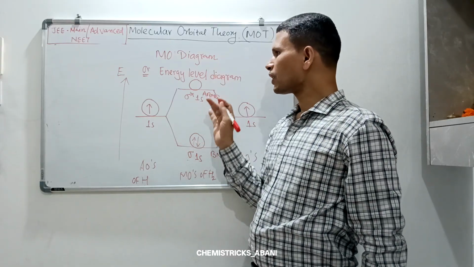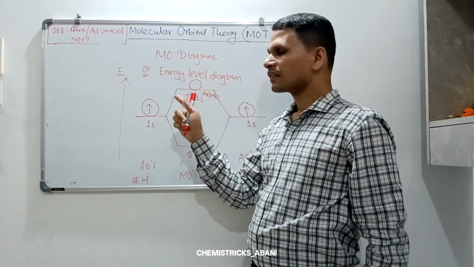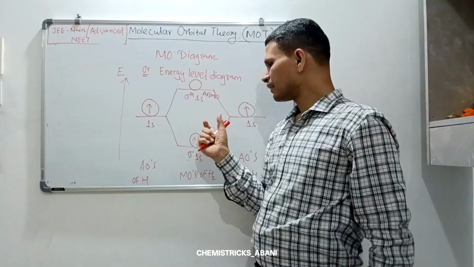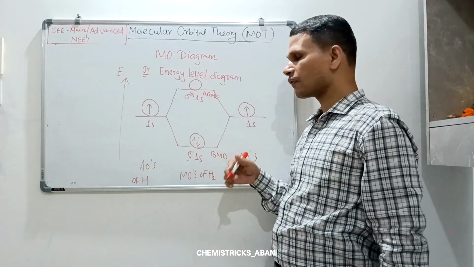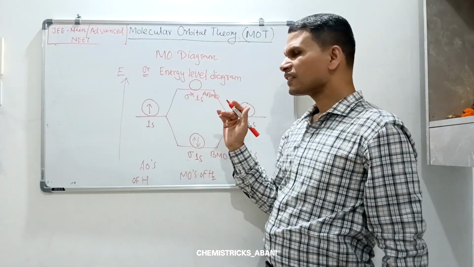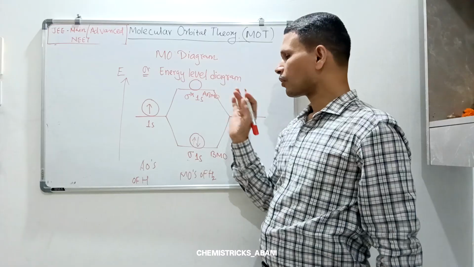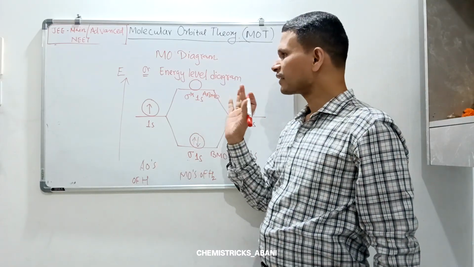So two types of molecular orbital are formed by the combination, through destructive interference and constructive interference of the wave function: sigma 1s and sigma star 1s, the simple types. For the hydrogen atom, I can write it like this.